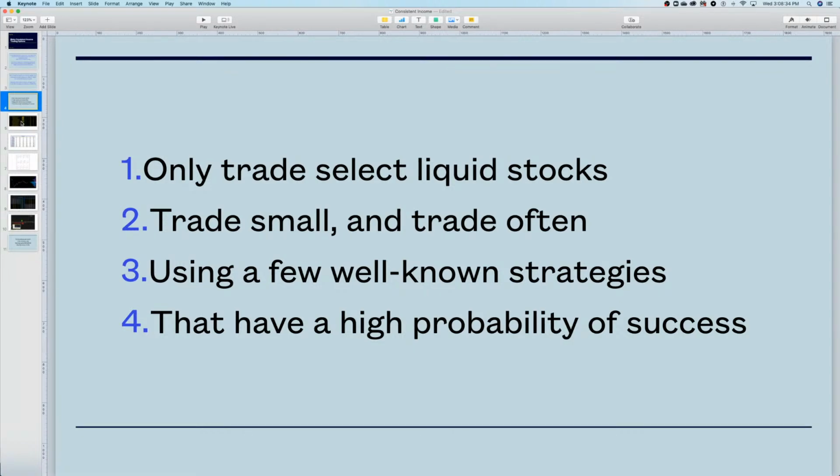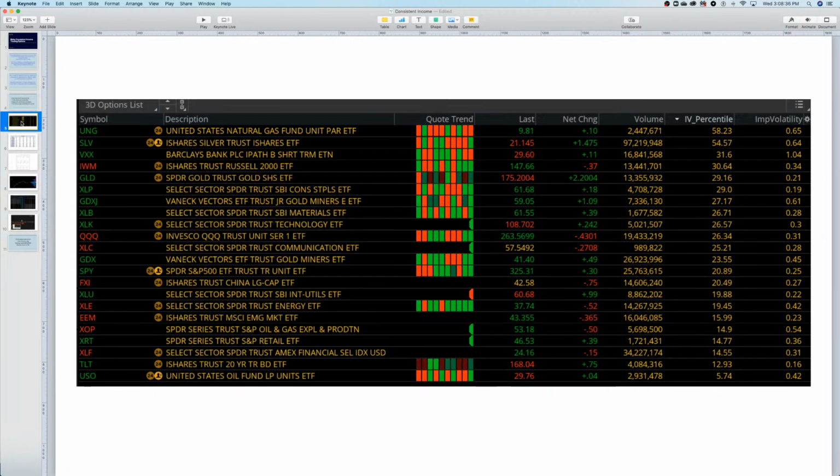All right, so let's go a little bit deeper into this. Here's the list that we're currently using. All very well-known things. I tend to lean towards things that have natural resources in them. This is all listed in a particular order, but nothing you have to worry about right now.